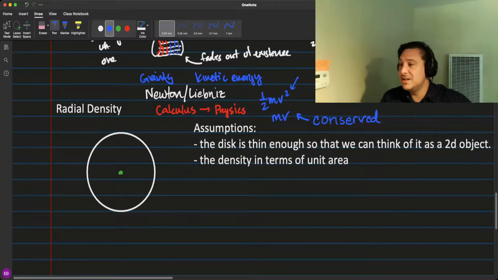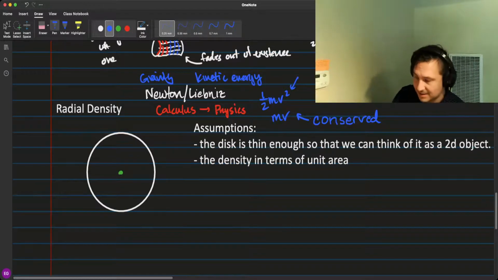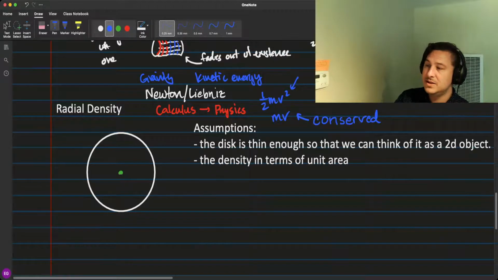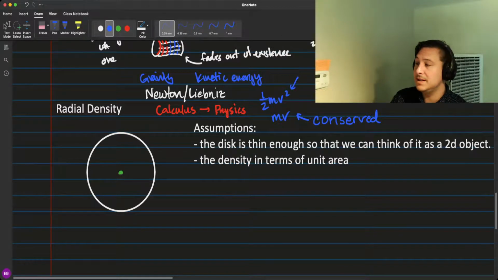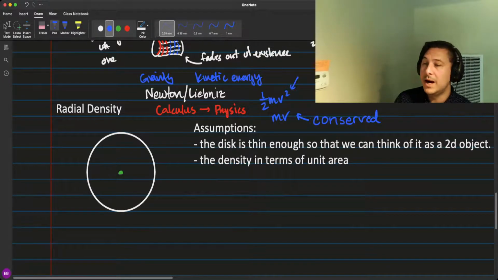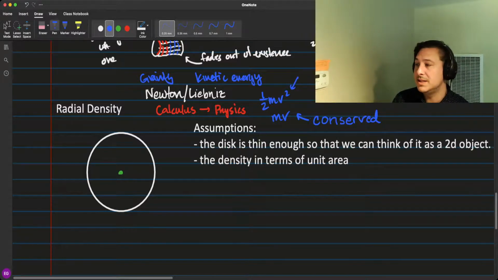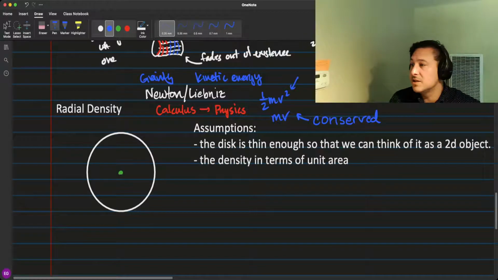And there's some interesting, very deep mathematical ideas that explain why that's the case. Calculus is invented to calculate these sorts of things. There are other more advanced calculus topics that would tell you why in certain situations you'd want to deal with momentum versus kinetic energy. Because kinetic energy is not conserved, but momentum is, and there's some interesting reasons why.